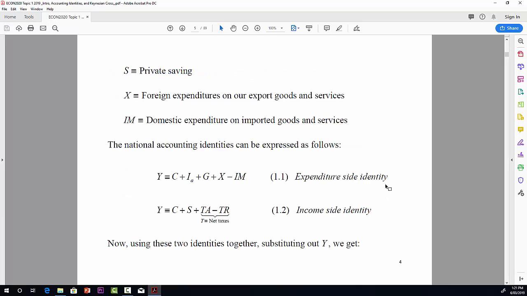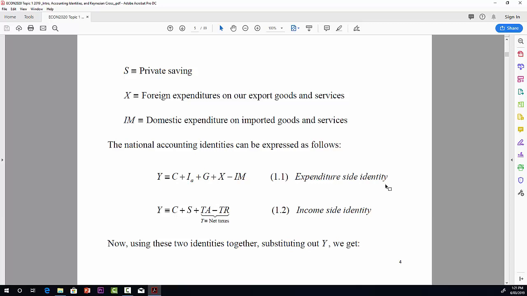Capital S is private savings. Capital X is foreign expenditures on our exports, goods and services. So foreigners spending on our goods. And IM stands for domestic expenditure on imported goods and services from overseas.